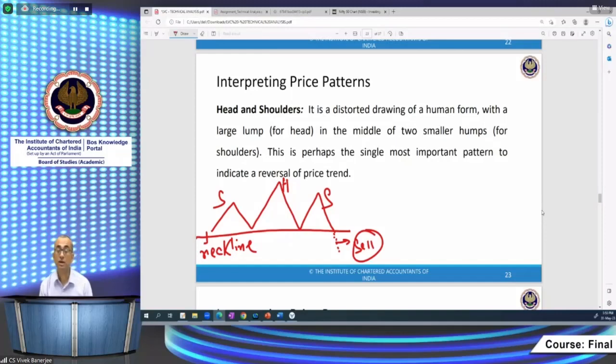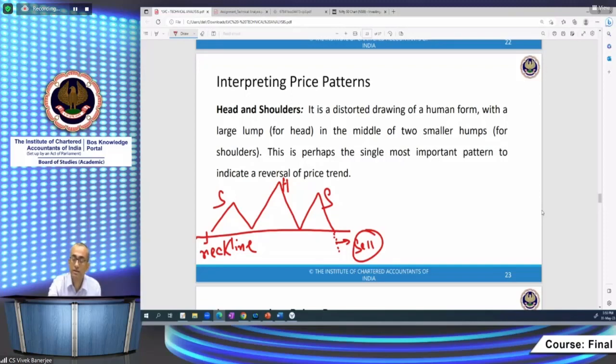Head and shoulders is a very important technique which technical analysts use. If the prices increase this way, a shoulder is created, a head is created, again a shoulder is created, then a neckline is formed.